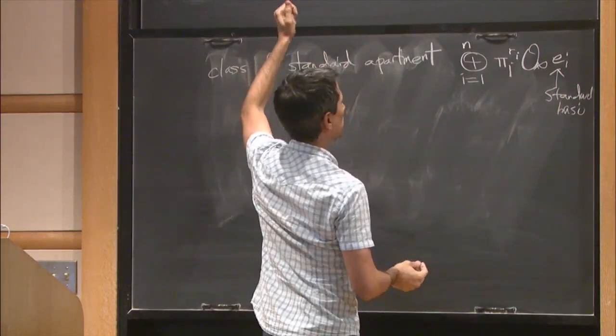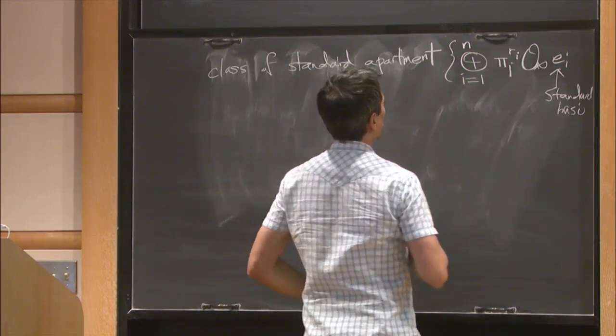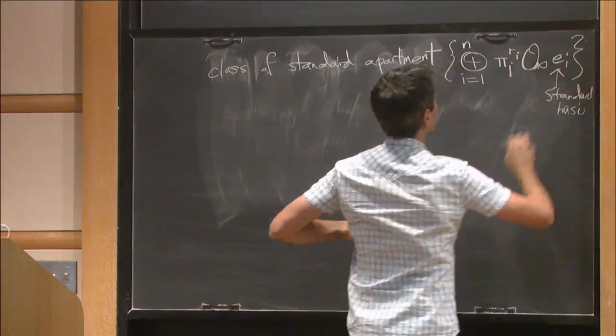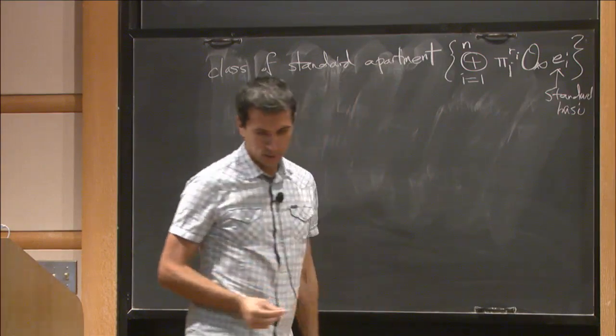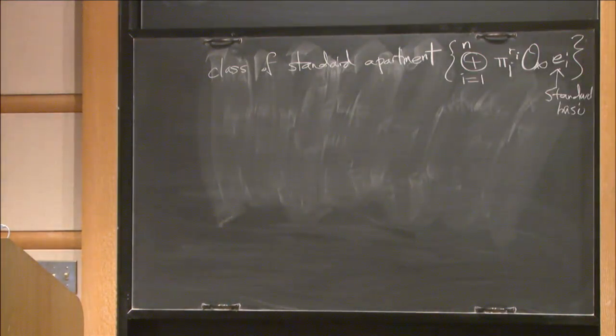The vertices are this, for all r_i. And this is the union of two rays I drew on the Bruhat-Tits tree.